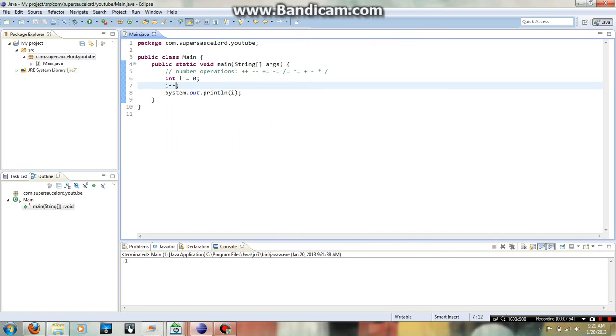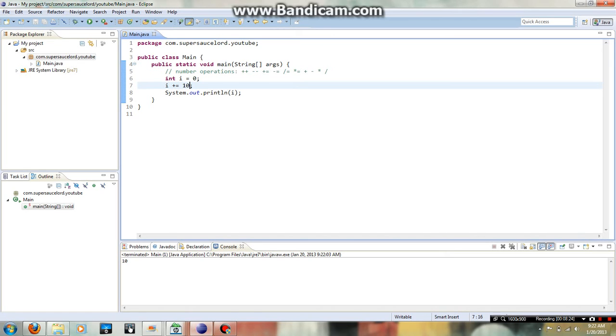Now, if I do plus equals 10, it's the same thing as saying i equals i plus 10. It's just adding 10 to the value of i. So now it should be 10. Very simple.